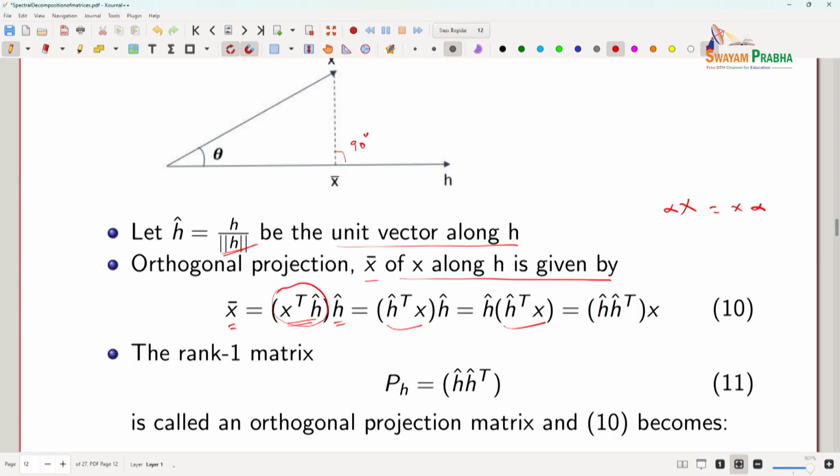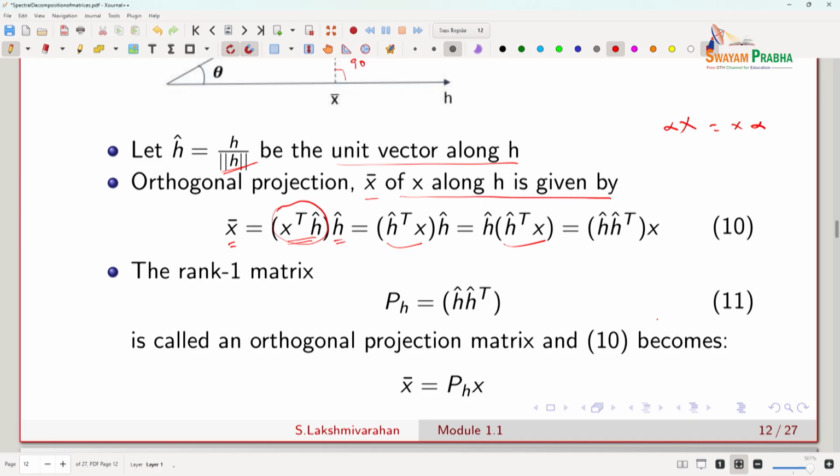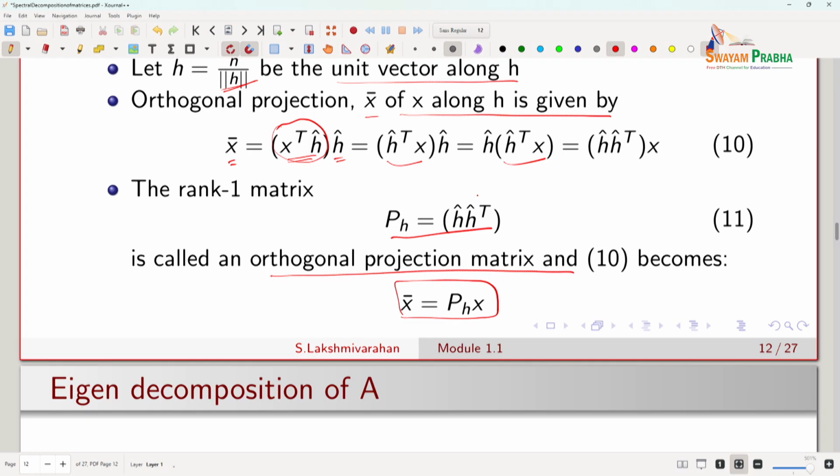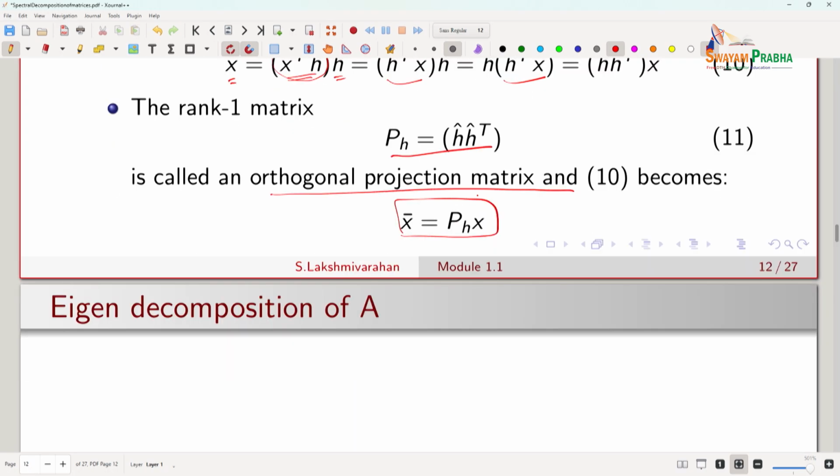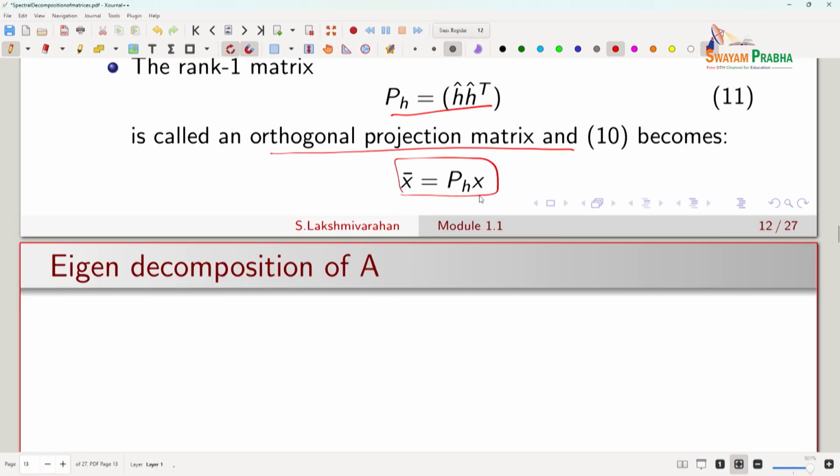It is H bar times H bar transpose X, where H bar H bar transpose is a rank 1 matrix, the orthogonal projection matrix. Therefore, X bar is equal to P_H times X, the orthogonal projection matrix P_H induced by the unit vector H bar along the direction H. That is an important concept.